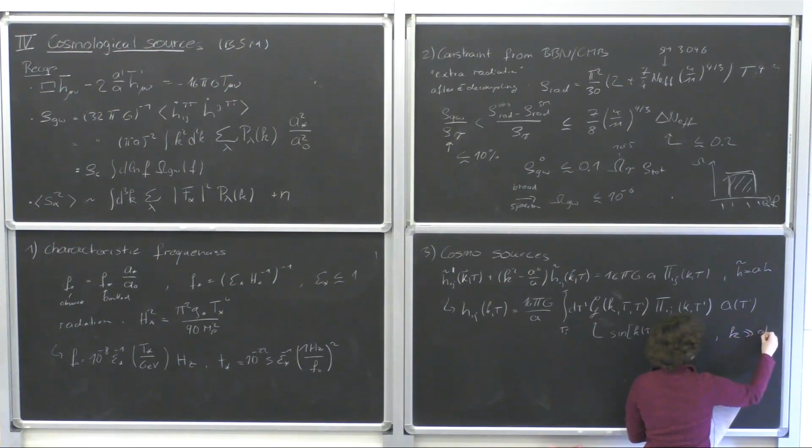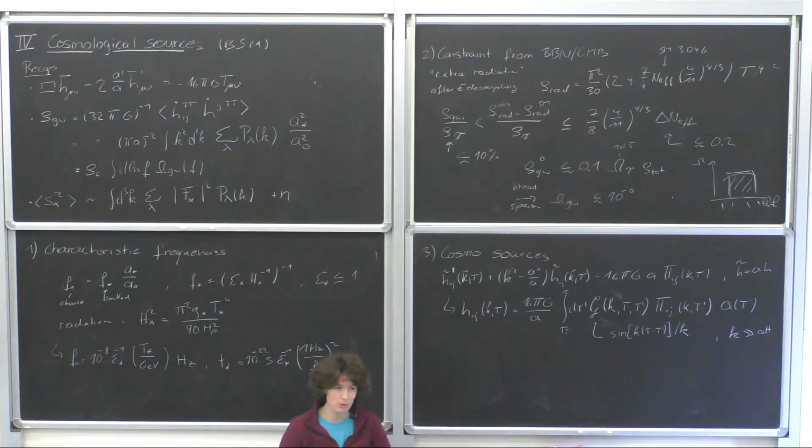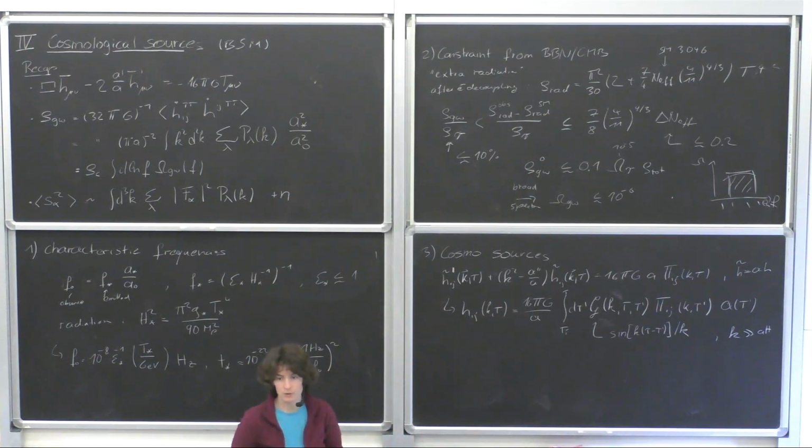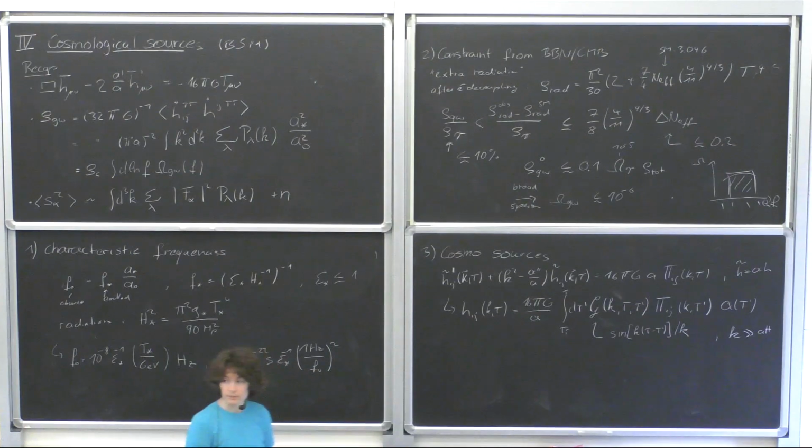So this is the Green's function in the sub-horizon limit, which is what we are interested in for everything that we're doing today. Questions?